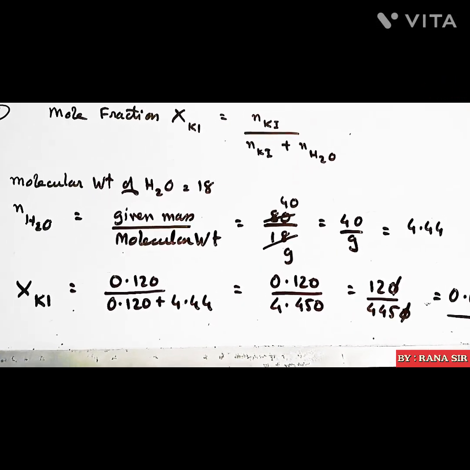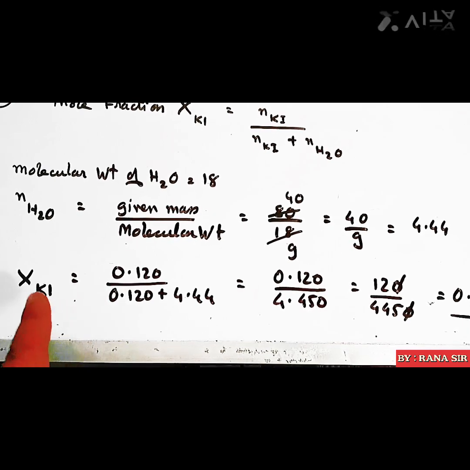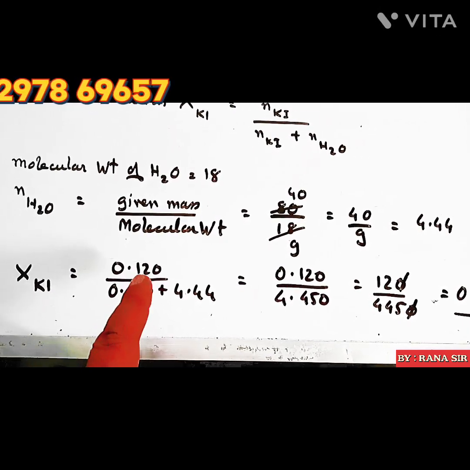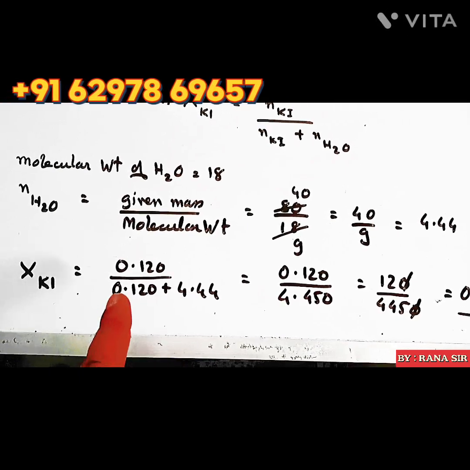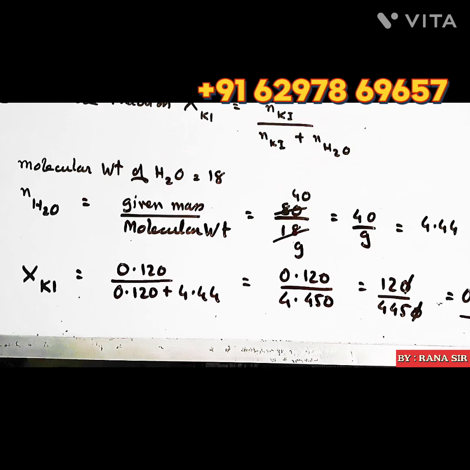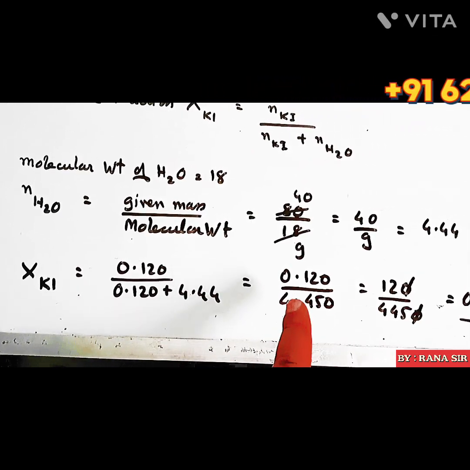So now we put it in the formula. Mole fraction of KI equals number of moles of KI, that is 0.120, divided by total number of moles of solute and solvent, that is 0.120 plus 4.44.